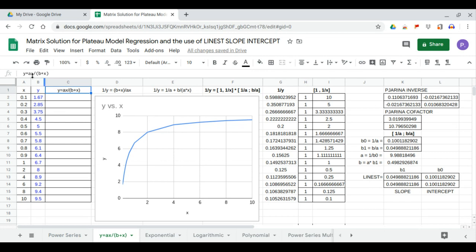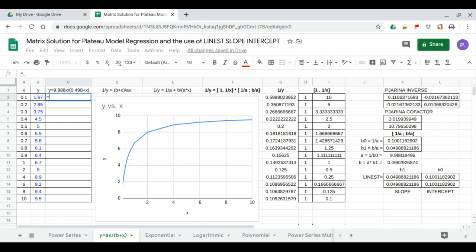First, we begin with the value of A. The value of A is 9.988, and the value of B will be 0.498. So that's our equation. Now we use these values of A and B to calculate the trend line values.